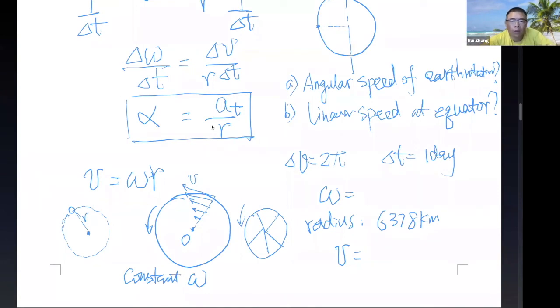Remember we're doing radians per second, so you need to do everything in radians, because the unit for angular velocity is radians.